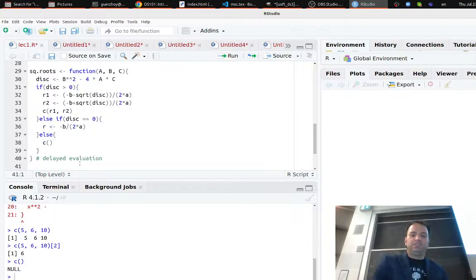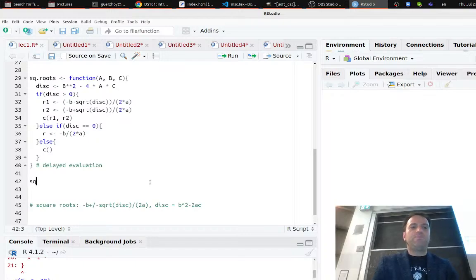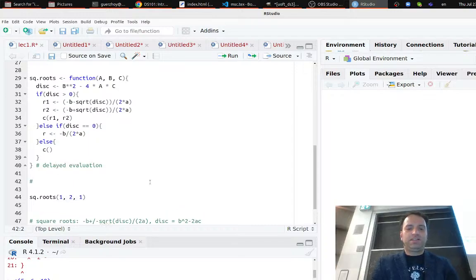So we're not thinking about it. We're just thinking about this as if it's a math formula. So what does it mean? It means that if I'm computing, for example, the square roots of 1, 2, 1, that means I'm thinking about the quadratic equation x squared plus 2x plus 1 equals 0. And that's the same as x plus 1 squared equals 0.